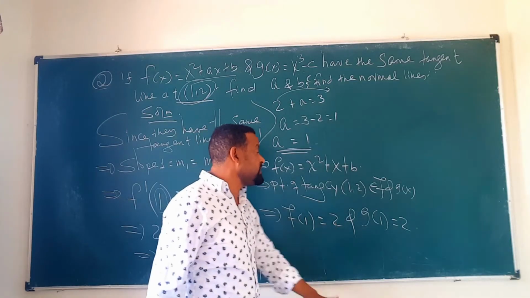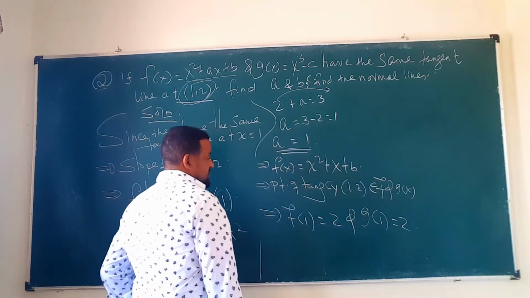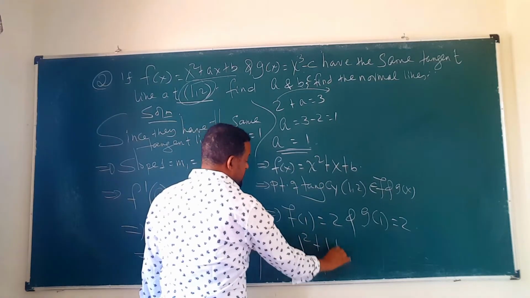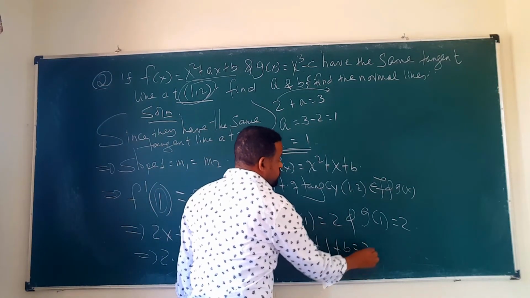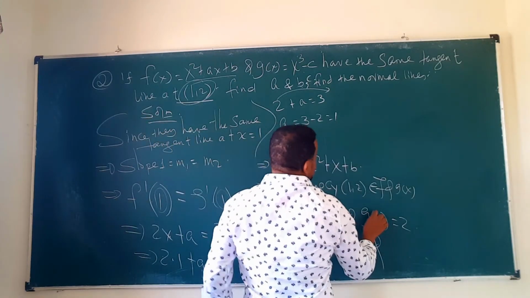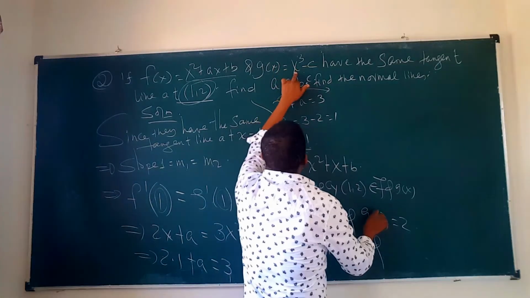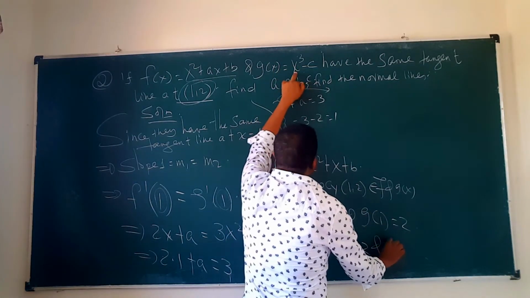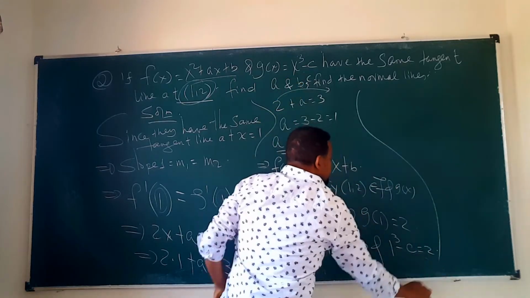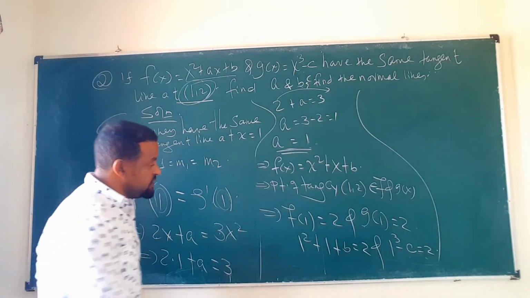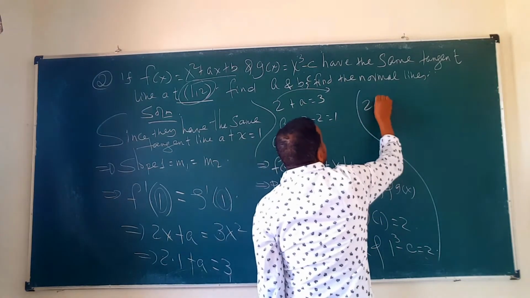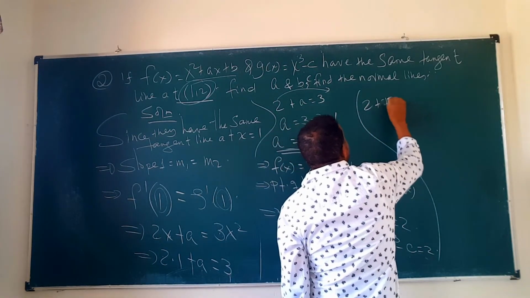Since (1, 2) is a member of f of x and g of x, putting 1 in for x gives 2 in both. So in f, this is 1 squared plus 1 plus b, which should be equal to 2. At the same time in g, 1 cubed minus c should be equal to 2. Then 1 squared is 1, 1 plus 1 is 2, so 2 plus b is equal to 2.